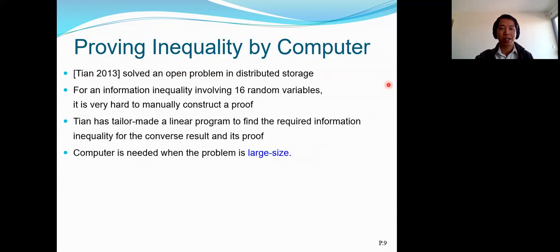So you can see that even 4 random variables may take us some time, and 16 random variables is very complicated and difficult to solve. He tailor-made a linear program for the required inequality and then found the converse result and the proof. So in this example, we can see that a computer can help us to tackle some problems with large size.